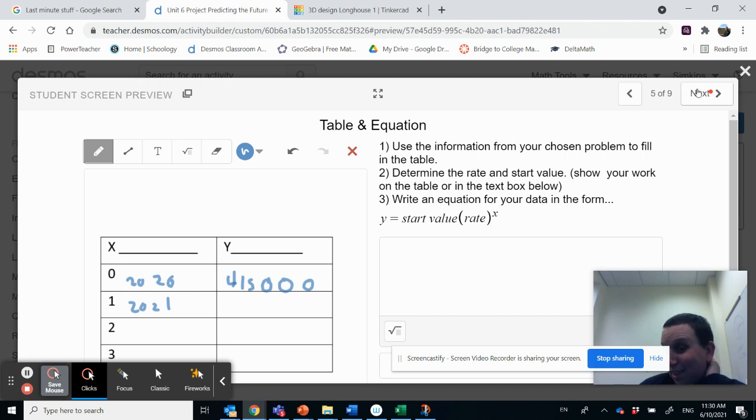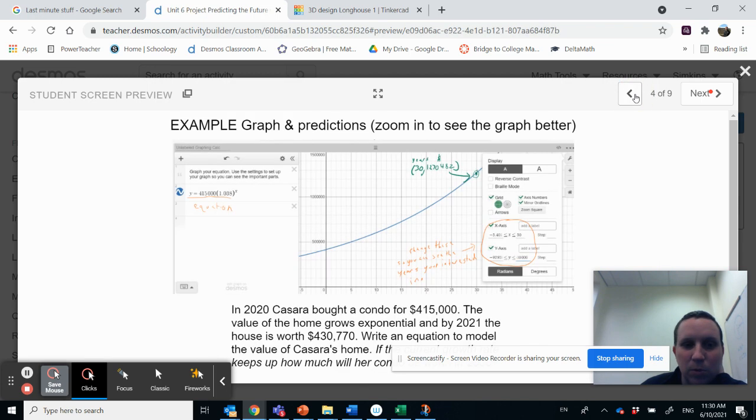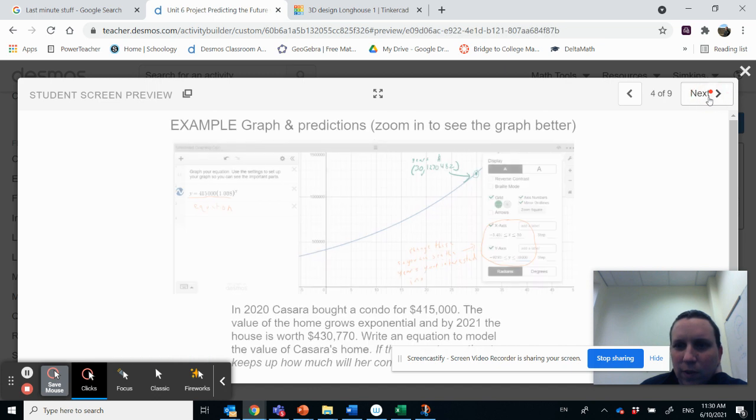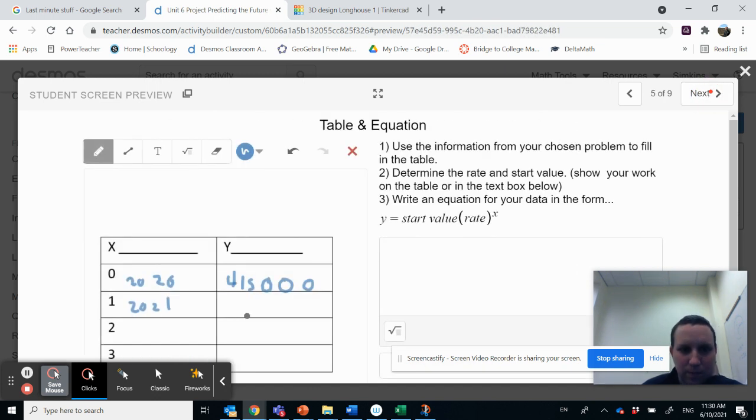That'll make my math easier later on, actually. Let me just double check how much it was worth in 2021: $430,770. This is the years since 2020. And this is the value of the home.